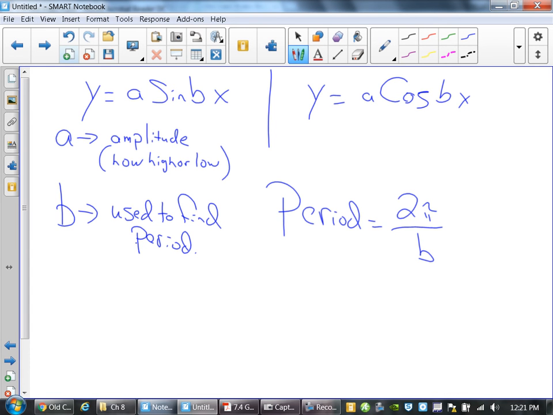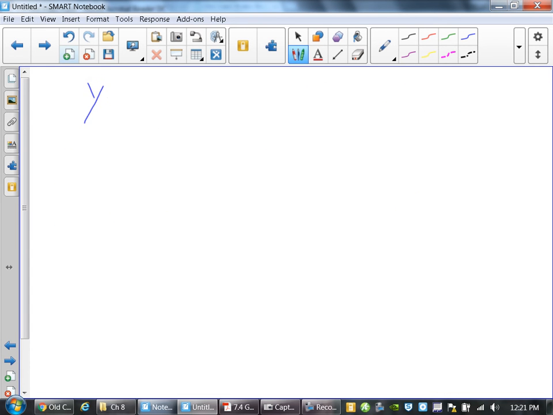So let's do an example. Y equals 1/2 sine of 2x. And let's graph one period of this. We'll start with just one period. So y equals 1/2 sine of 2x. Well, what's my A value? So what's my amplitude?